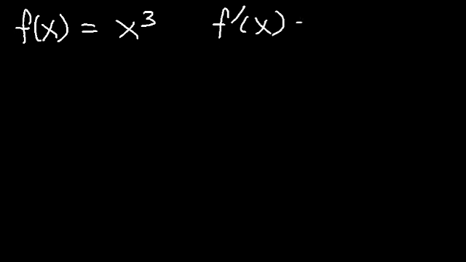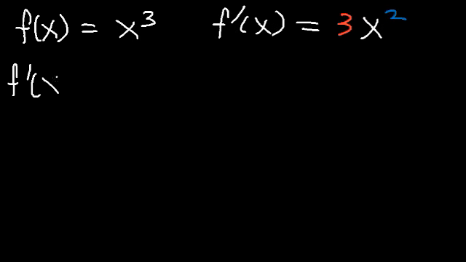Consider this problem. Let's say f of x is x cubed. What is the derivative of the function? Now we know the derivative of x cubed is 3x squared. So use the limit to prove that the derivative is 3x squared.